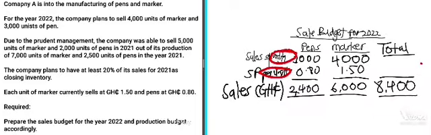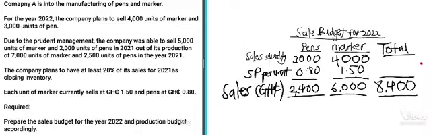So that should tell you that this sales quantity is in units. Don't be confused when the question has kilograms in it. It's usually to calculate our material usage budget.